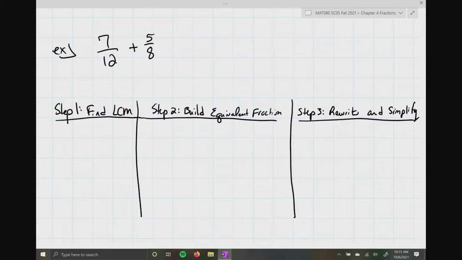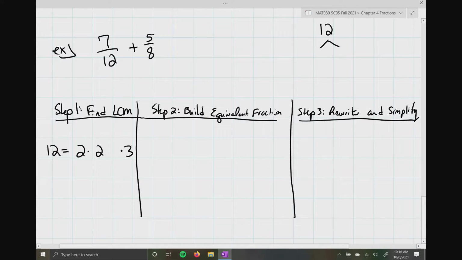So step one, let's find the LCM. To do this, we need the prime factorizations of each number. So 12 is going to be 2 times 2 times 3. If you're wondering how I got that, please look in the upper right-hand corner of your screen.